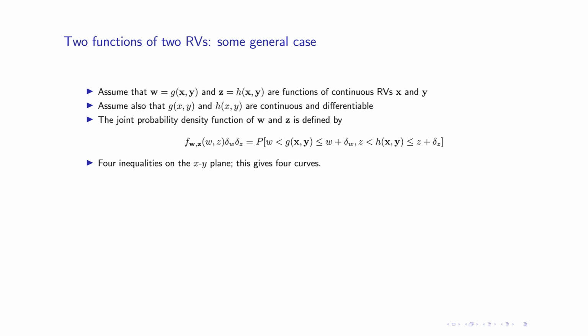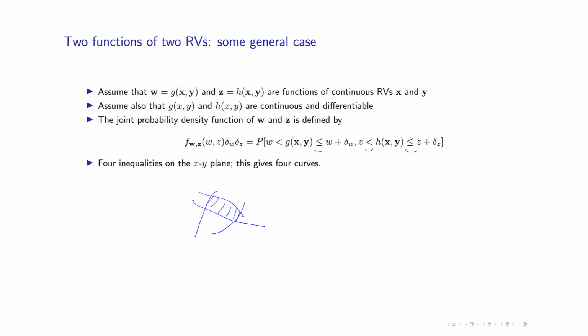Now, this means that you have these inequalities. This is the first inequality, this is the second, the fourth, and the fifth. So what we have to do is draw four inequalities in the xy domain, and then you will have four curves: the first curve, second curve, third curve, and fourth curve.